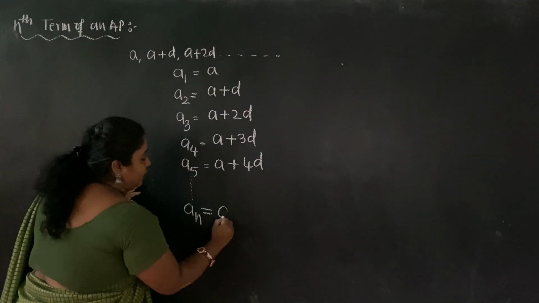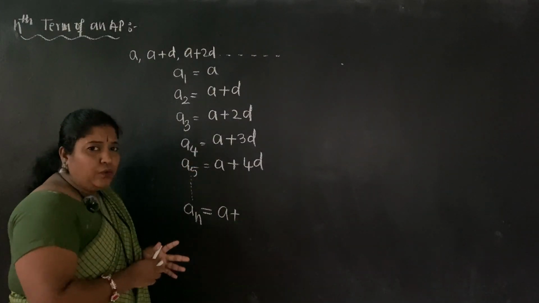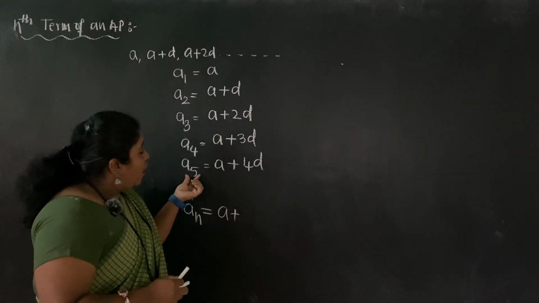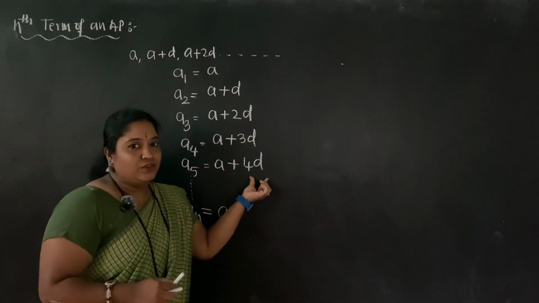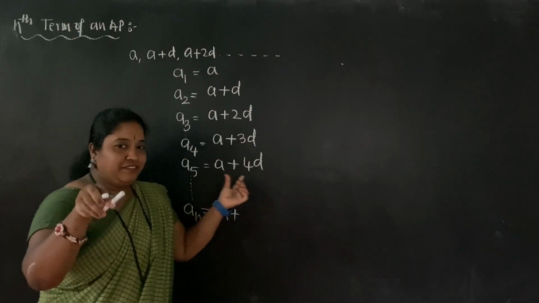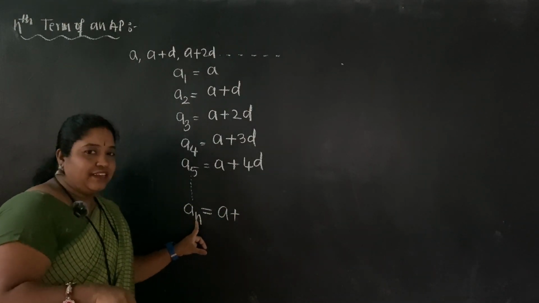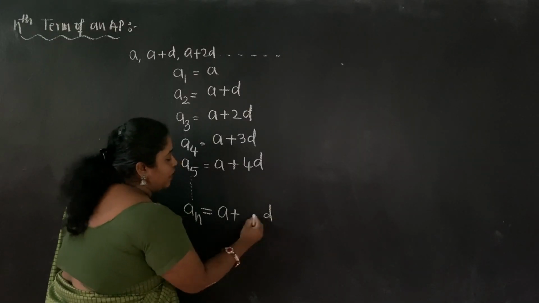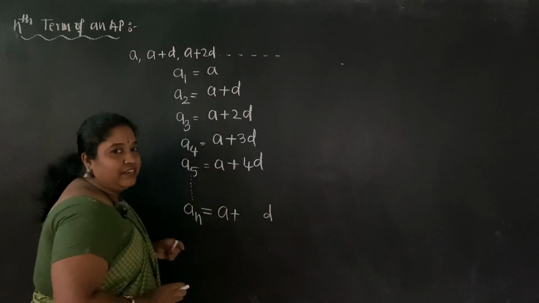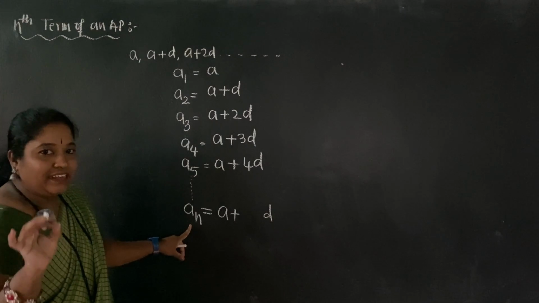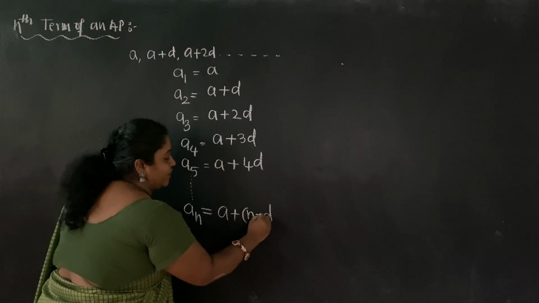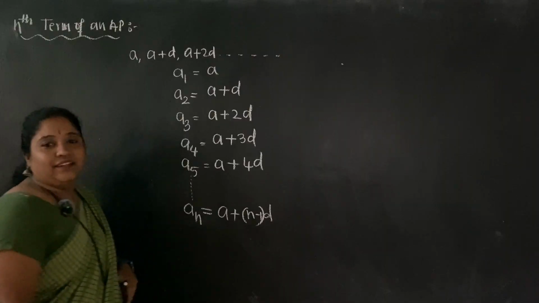So I write a plus, and whatever the value you consider, one less than that is the multiple of d. If there is n here, what should I multiply with d? One less than n, which is nothing but n minus 1.